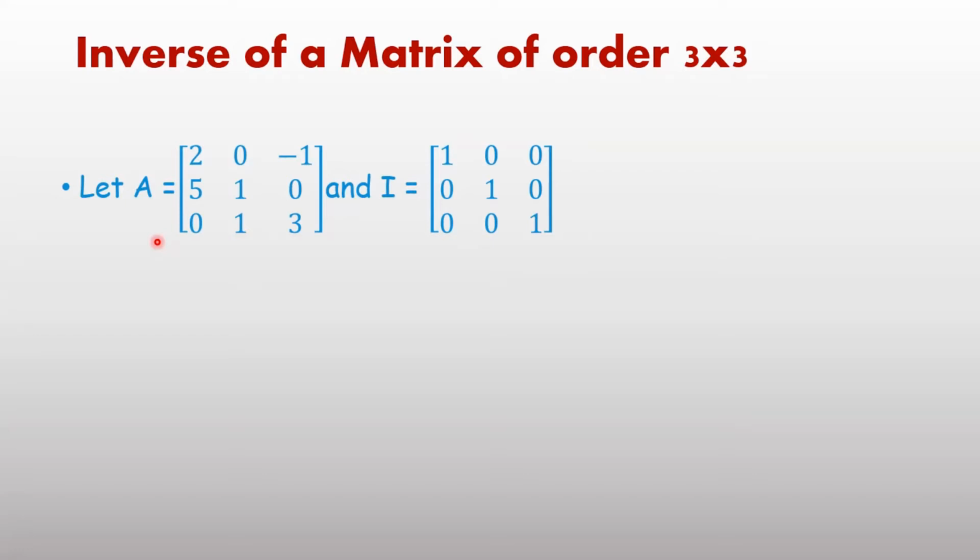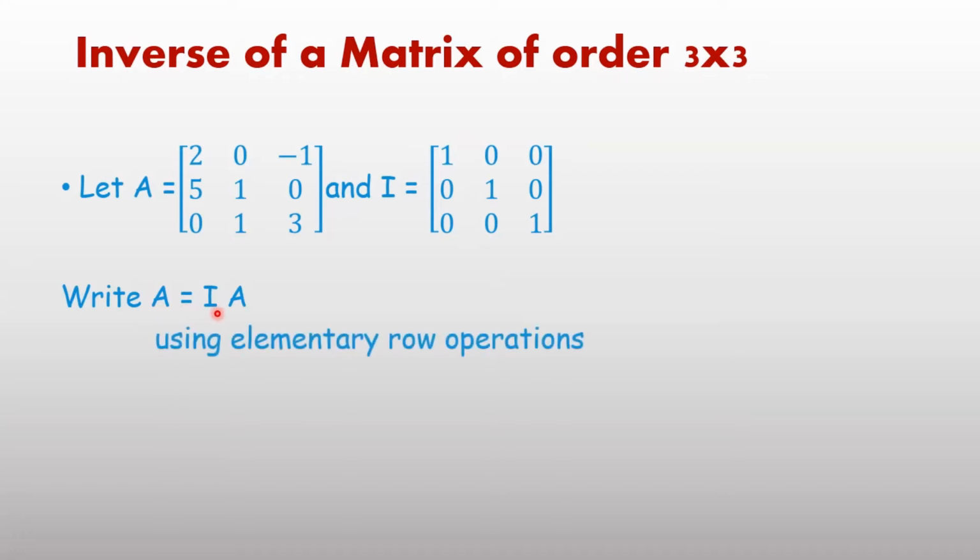Matrix A, as an example, I have taken as 2 0 minus 1, 5 1 0, and 0 1 3, and the identity matrix written as 1 0 0, 0 1 0, and 0 0 1. Step first, when you are solving, write down A equal to IA, and then by elementary operations you have to convert it as I equal to BA.